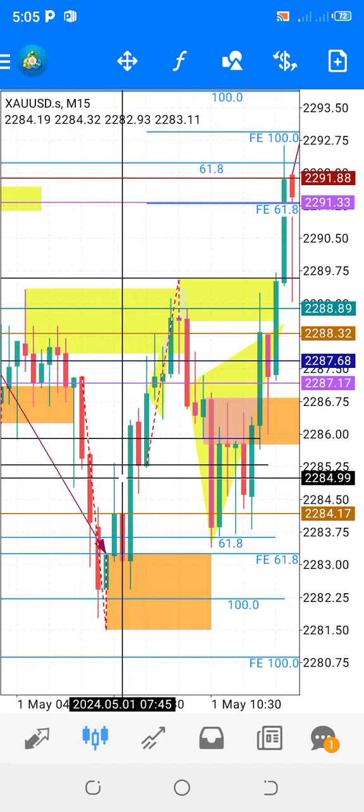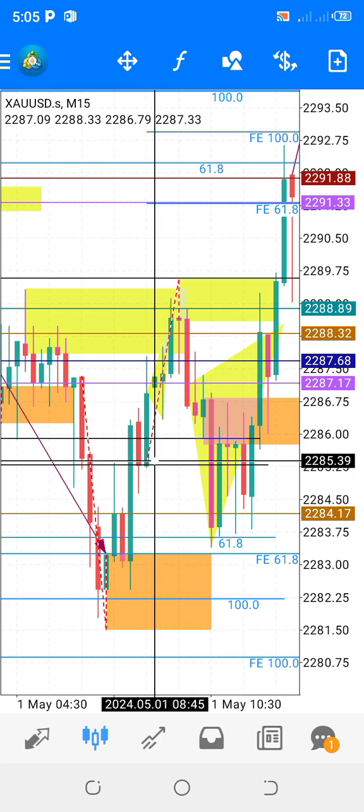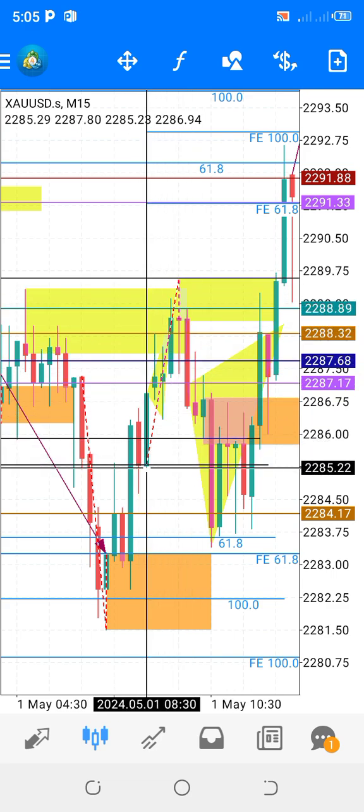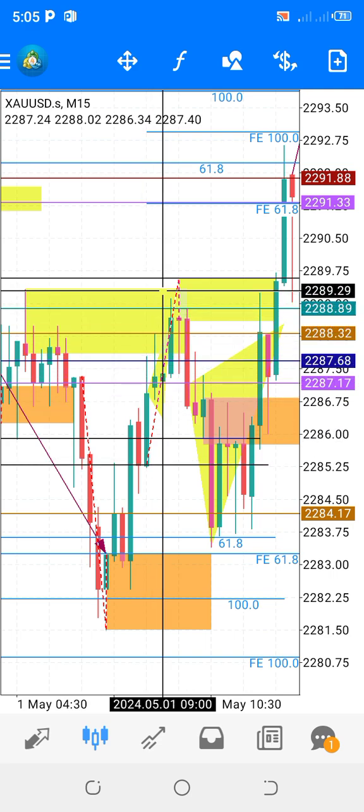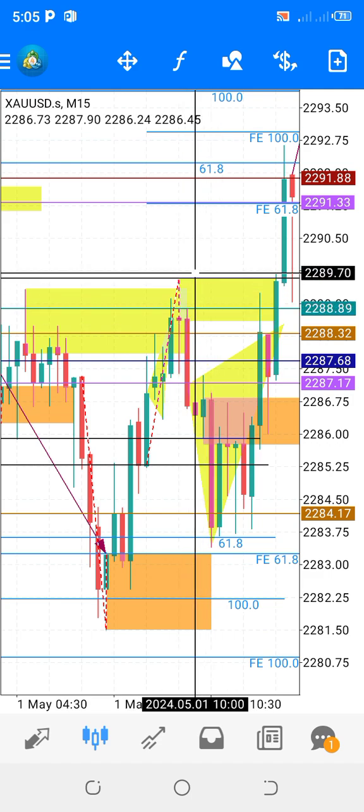Now we have a new event that formed here. So for the new event again, remember our rule has to be followed. Here we already have the Fibonacci expansion tool already applied from ISL to TCL and dragged to the CRL. So what are we looking at again? We want to identify first our correction start entry.